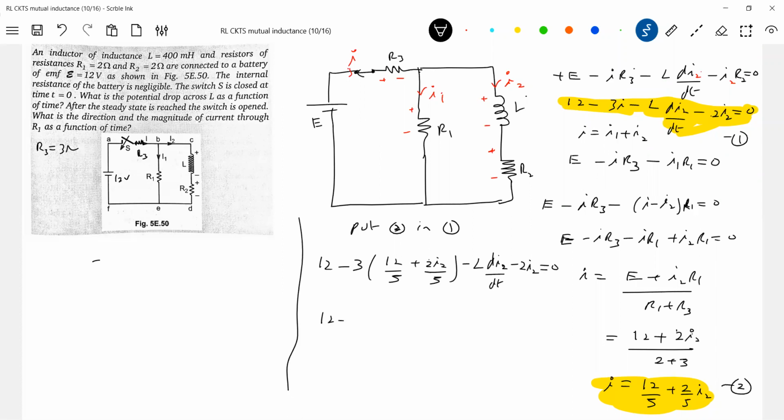So this is 12 minus 36 by 5, that is 24 by 5, minus 6I2 by 5, minus 2I2, that is 16 I2 by 5, equal to L di2 by dt.